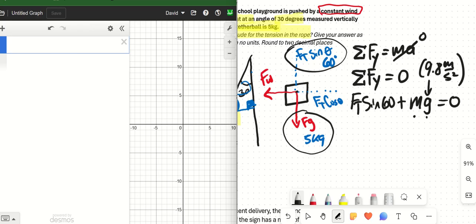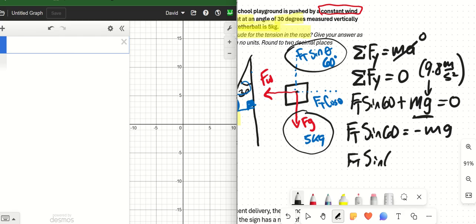Okay, so the next thing I could do is move this mg over to the other side. So I have force of tension, sine 60, is equal to negative mass times gravity. Now I'm going to plug in everything I know. So force of tension, sine 60, is equal to negative, our value was 5 kilograms, so this is negative 5 times negative 9.8.